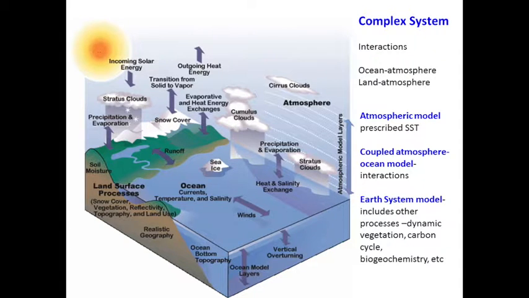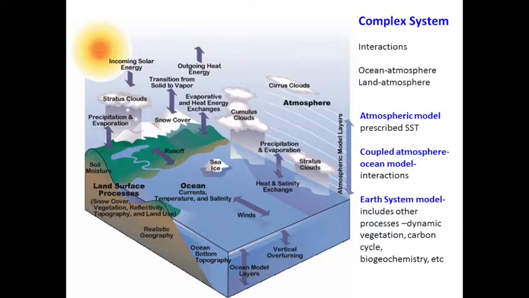There are many interactions between ocean and atmosphere, between the land and the atmosphere, and all these interactions need to be taken into account in a model. So it's necessary to introduce in a model equations that are related to all these processes.